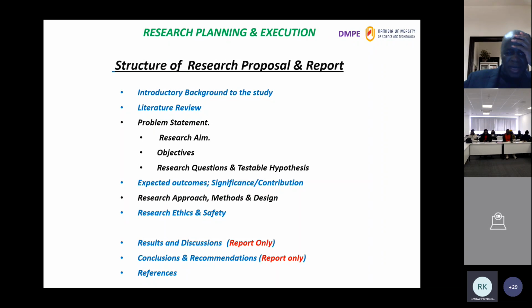Make sure you cover, as already mentioned, problem statement, research aim, objectives, research questions, expected outcomes, and the significance and the contribution that you believe you can glean from the work.